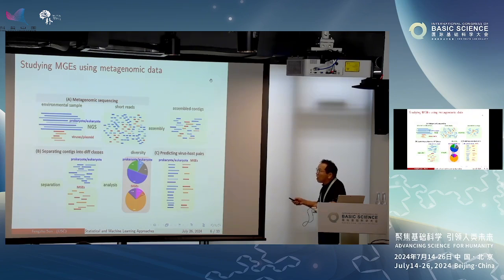So those are the starting point for our study. Each of these contigs are just sequences, ACGT, and so on. And so now the question is, what are these sequences? So it's a sequence classification problem.